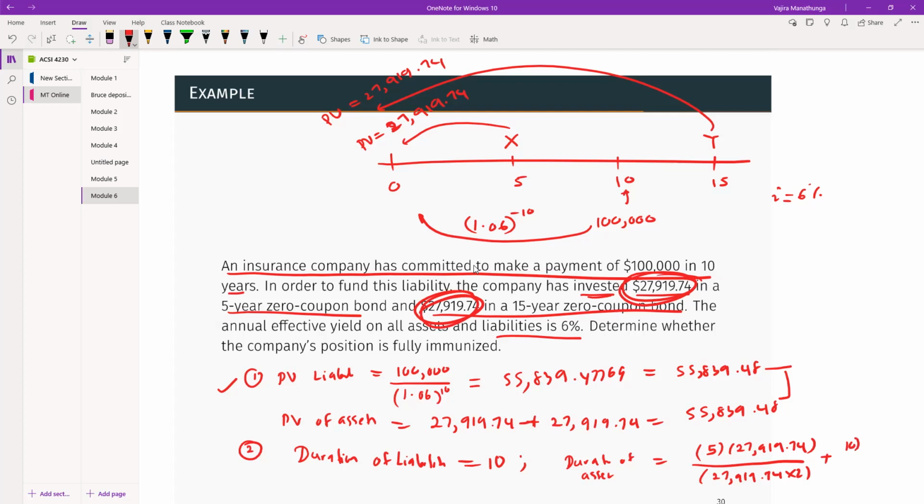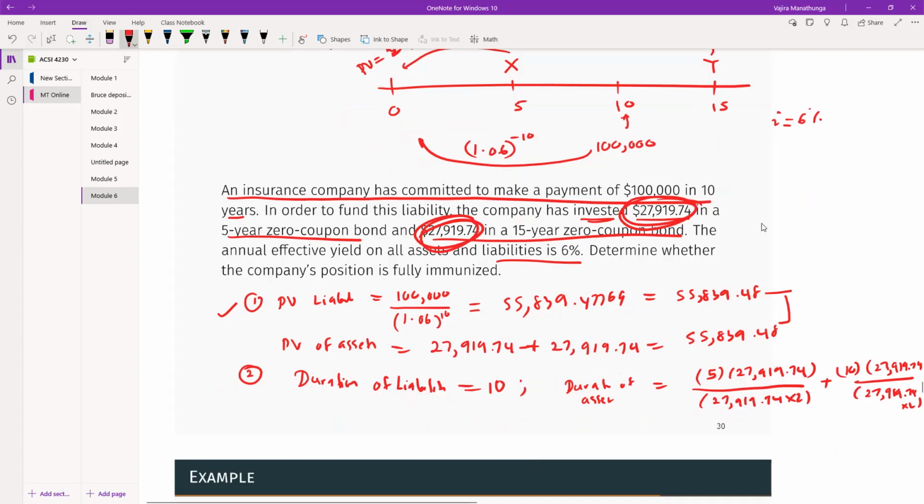Then for the 10-year bond, it's 10. The value invested is 27,019.74 divided by the total portfolio value, present value. The portfolio, I mean only the asset portfolio, not the liability. So this one gives you basically 5 divided by 2 plus 10 divided by 2.